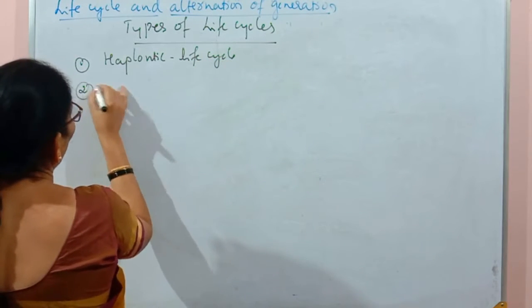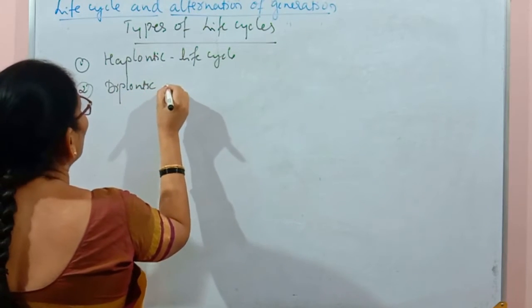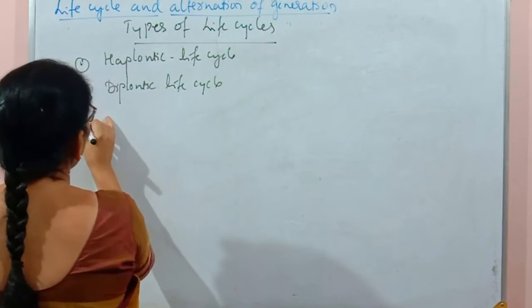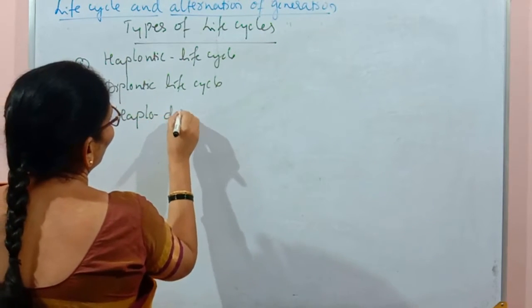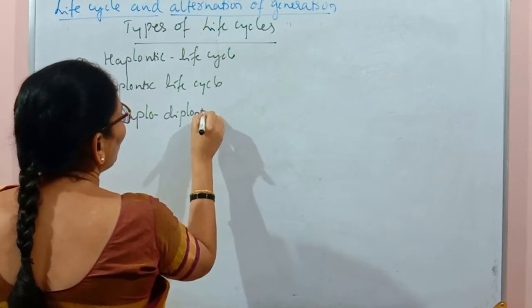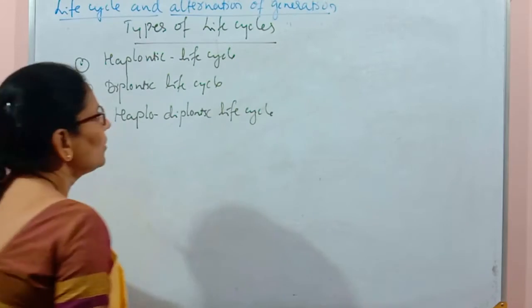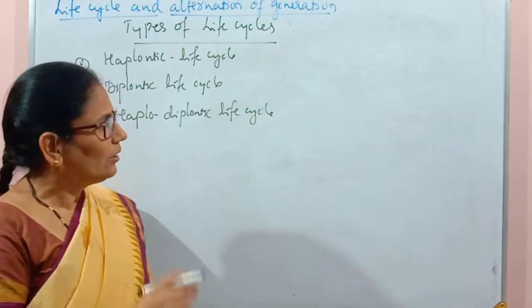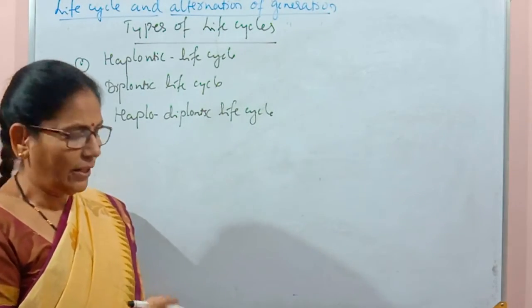Another one is diplontic life cycle. Another one is haplodiplontic life cycle. So in this manner, there are 3 types of life cycle. Now we will discuss every one after one.